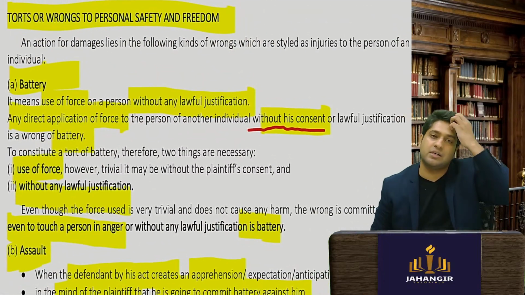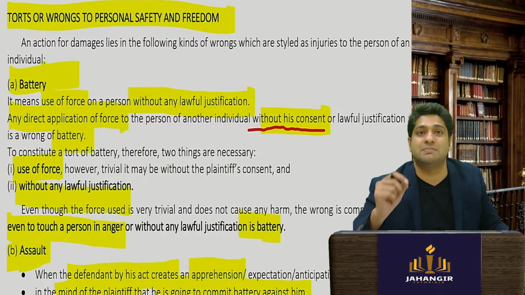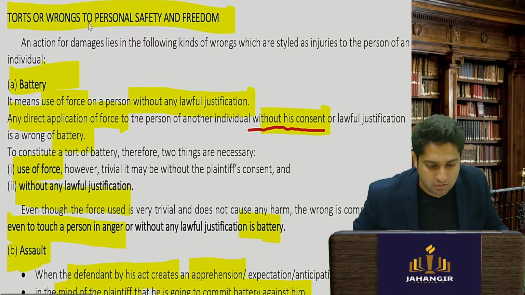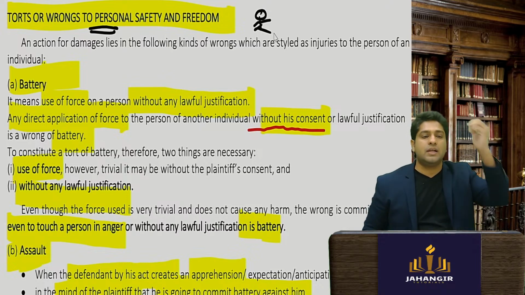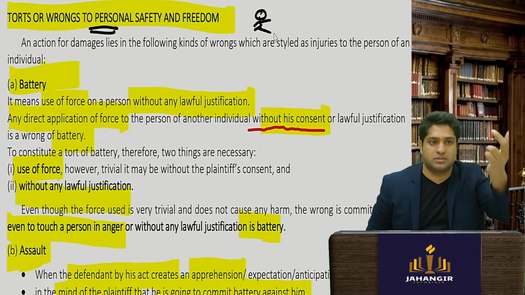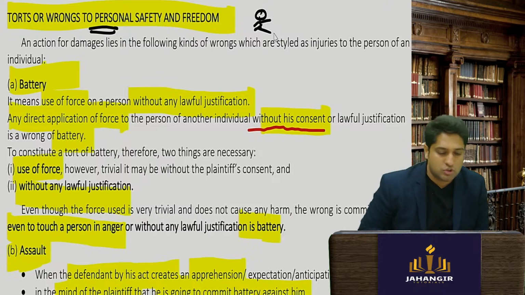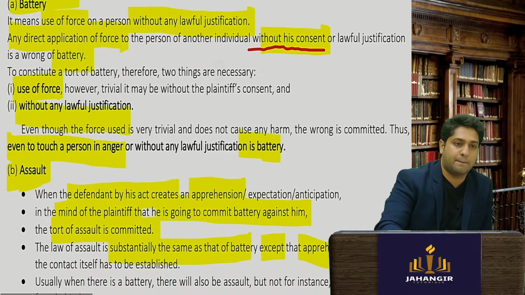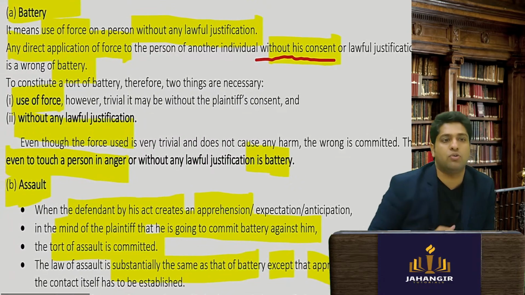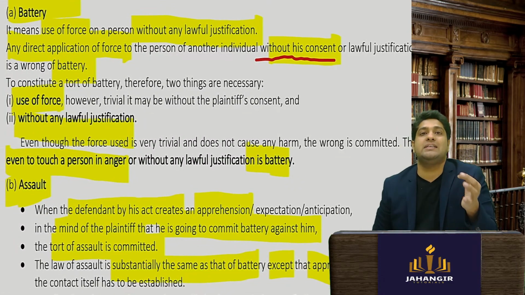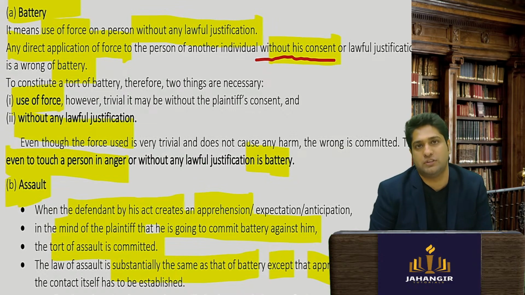Now we will see certain torts with respect to personal safety of a person. Now we are seeing certain kinds of torts, civil wrongs. So the first one is battery. Battery is a use of force without lawful justification.